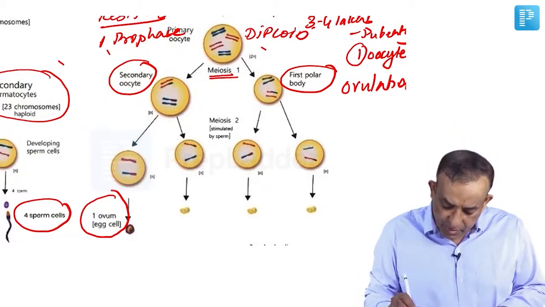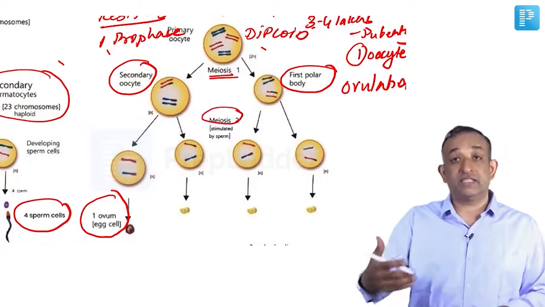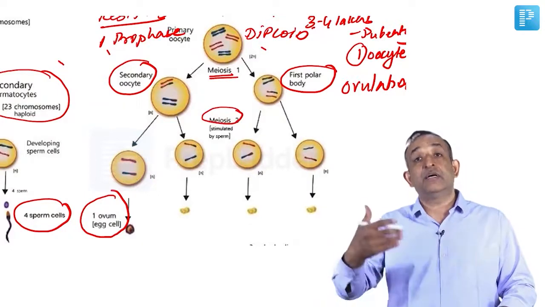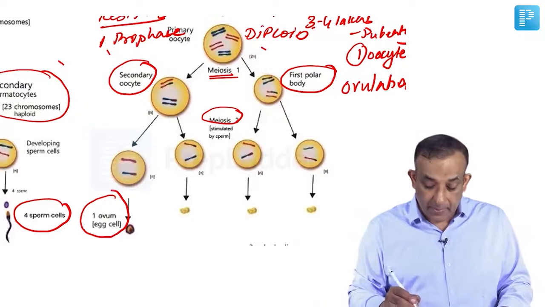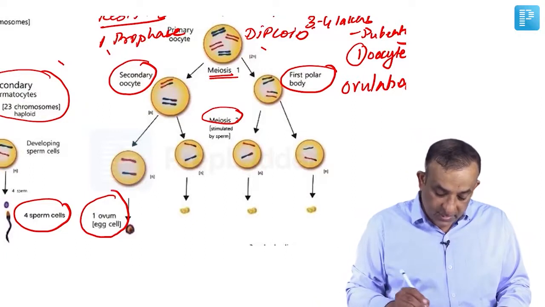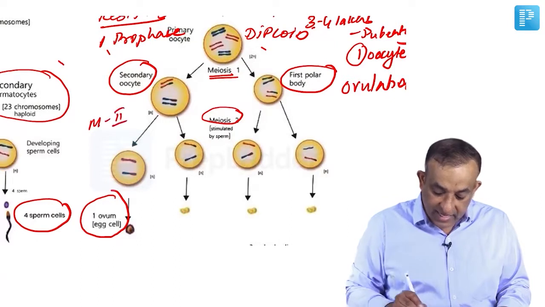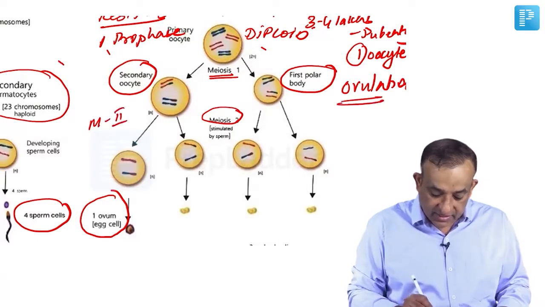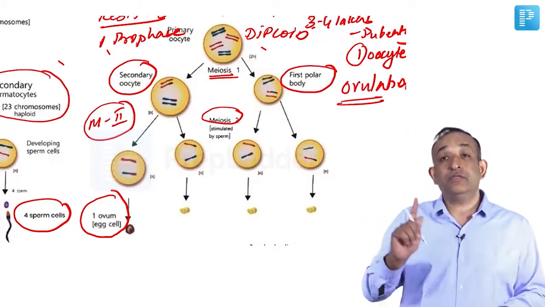This meiosis 2 has started, the secondary oocyte is released, and that stage is known as metaphase 2. So when this oocyte is released, it is an M2 oocyte. At the time of ovulation, there is an M2 oocyte, and that oocyte has one polar body.